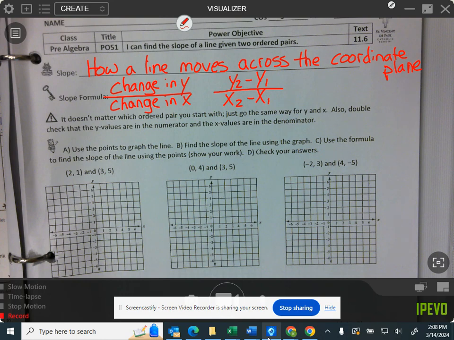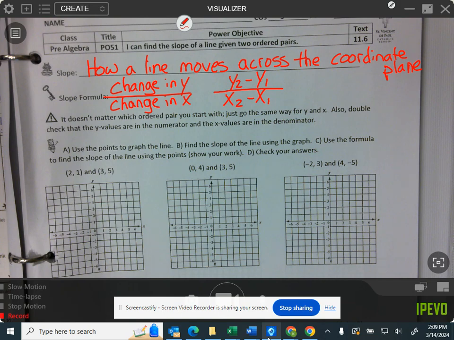We use the formula for when we don't have the graph and we're just given 2 ordered pairs. So we could use the rise over run, the counting, when we have the graph present. But now we're going to learn how to do it with just the 2 ordered pairs.